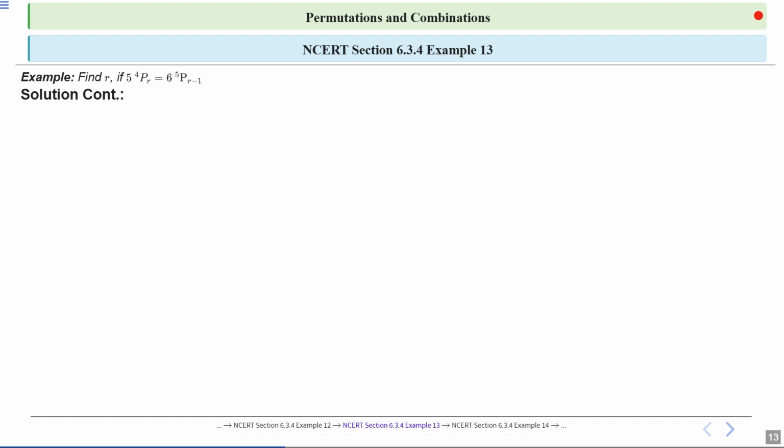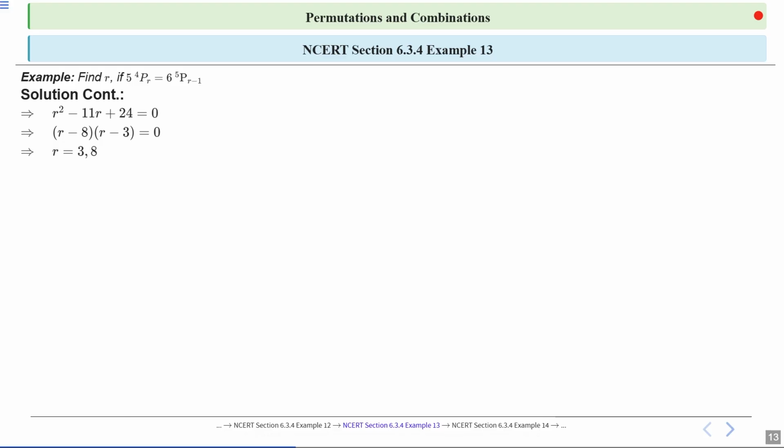Let's now see further calculation. So it implies r square minus 11r plus 24 is equal to 0. So this is a quadratic equation, and now let's solve this equation. Now factorize and we get (r minus 8) times (r minus 3) equal to 0.